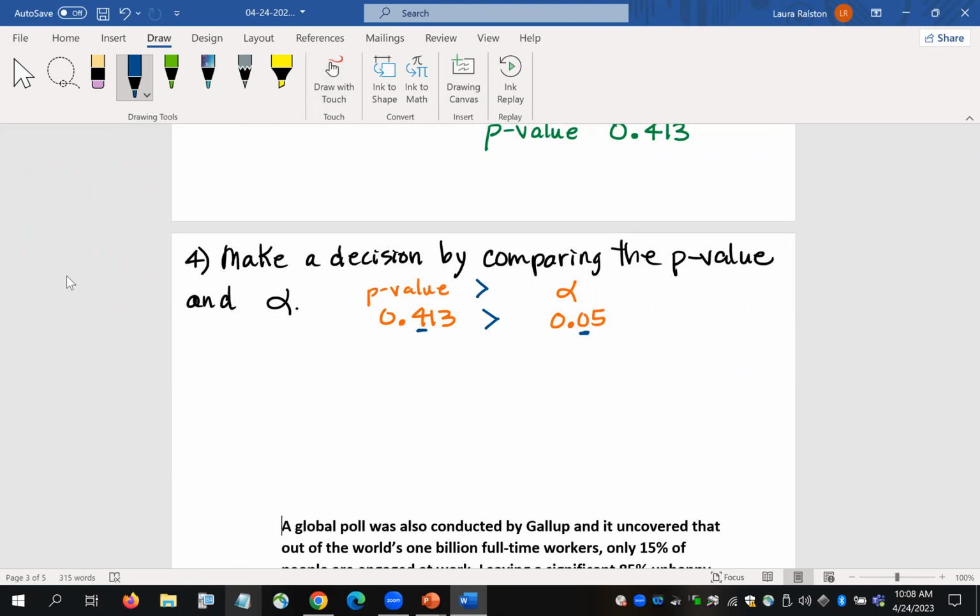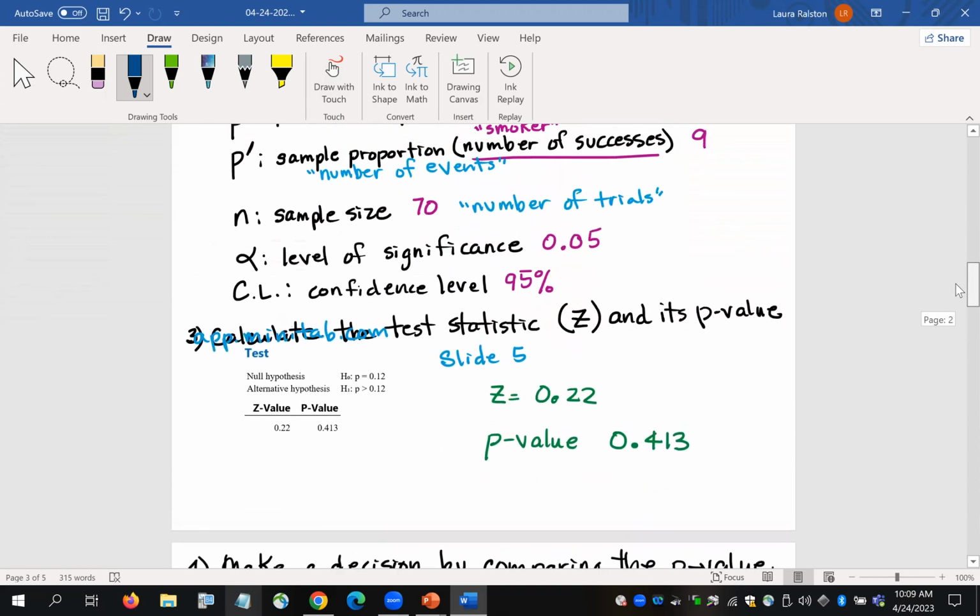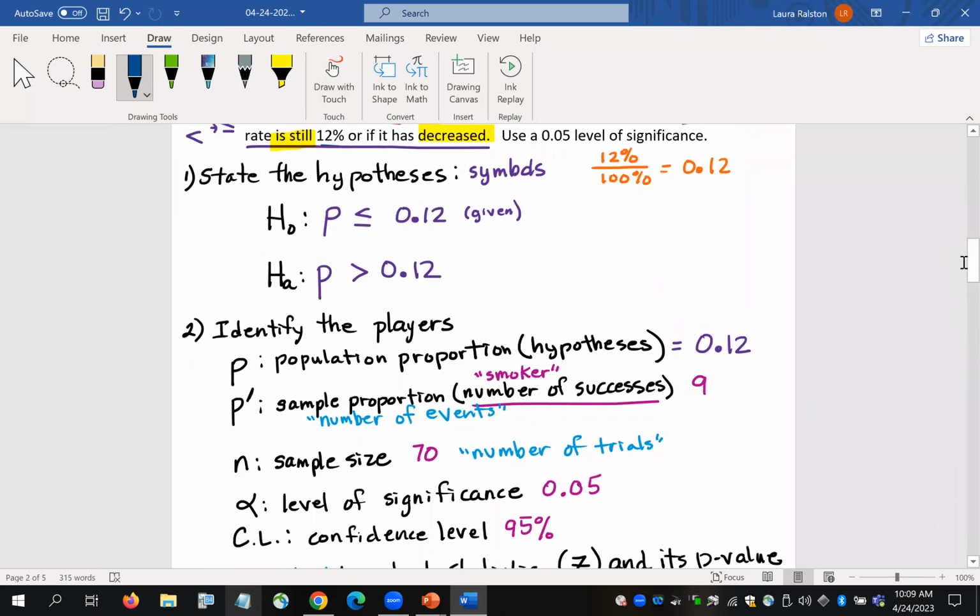If p is greater than alpha, we fail to reject the null. If we fail to reject the null, that means the null is true and the alternative is false.